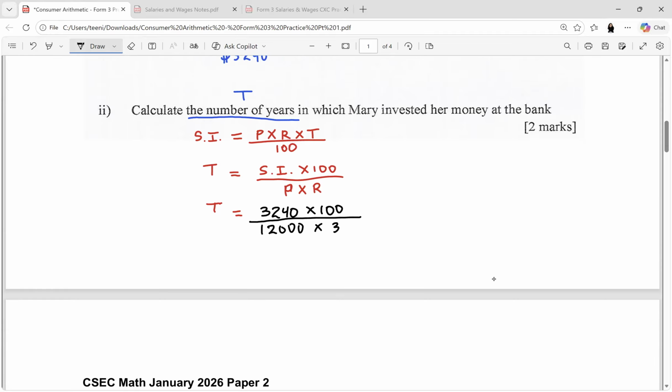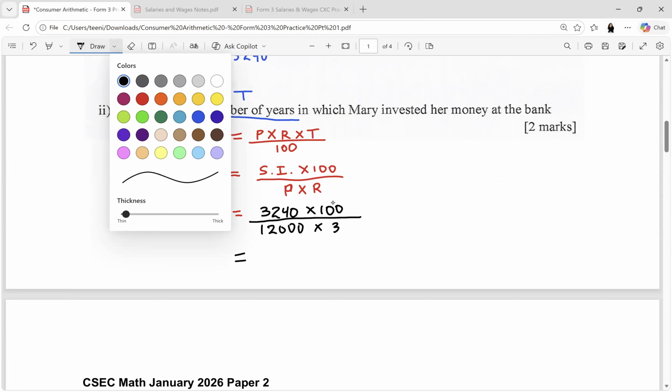All right. What would that be? Let's see. 3,240 times 100 divided by 12,000 times 3. Tell me what you got, okay, Zara? If I'm working it out, I will cancel these zeros.